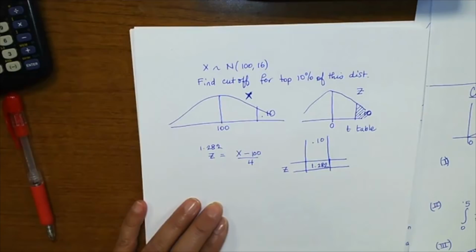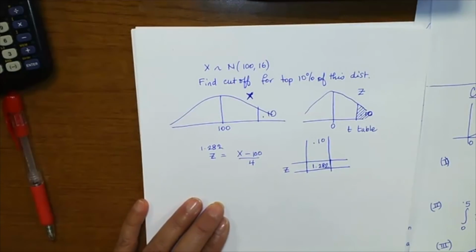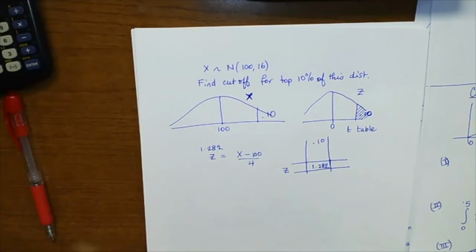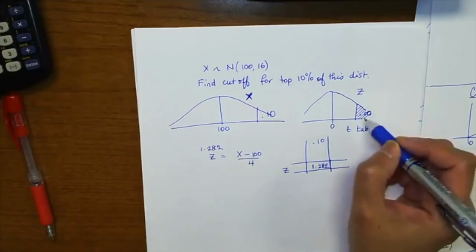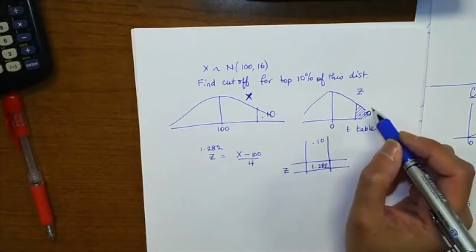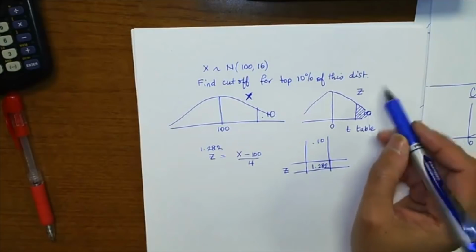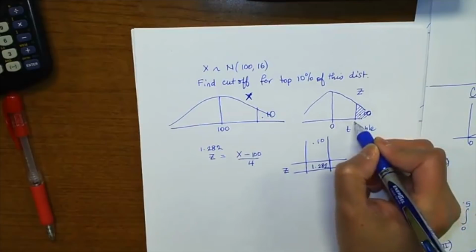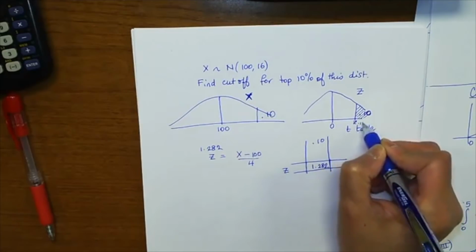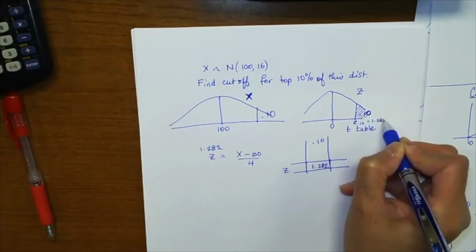I don't get why we're finding the Z-score. How would you know that was the question? The only table I have available to me is Z or T, and T deals with area in the tail, so I might as well go straight there, which is what I did. So this tells me that Z.10 is 1.282.